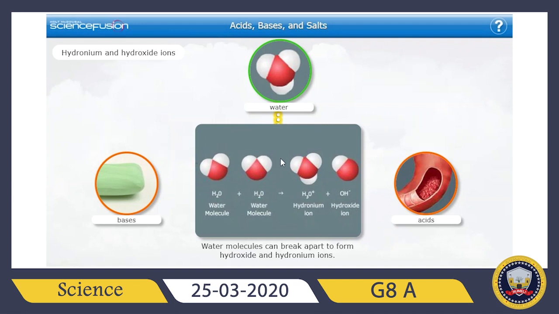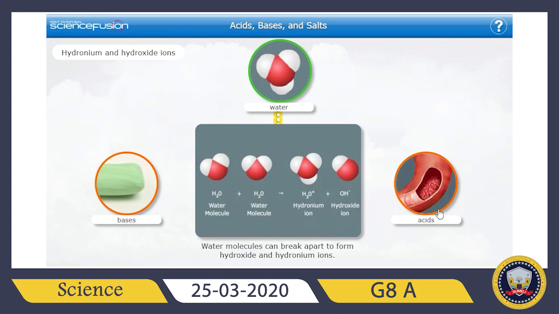What you drink in your glass right now is made up of millions of these water molecules. But sometimes these water molecules can form hydronium and hydroxide ions. Even regular free water can have these hydronium and hydroxide ions.